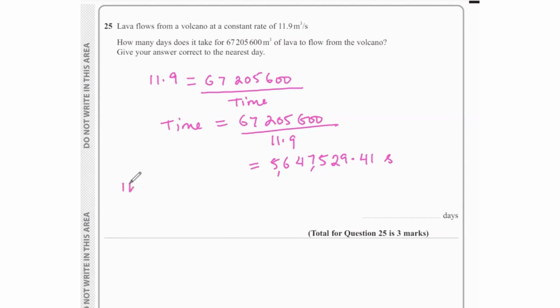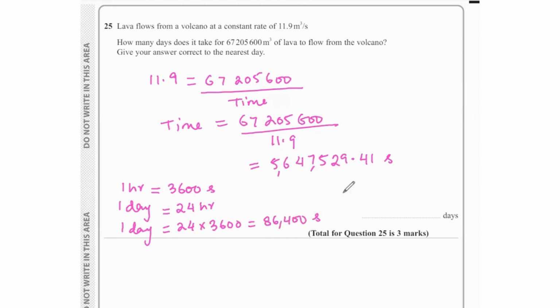We know 1 hour has 3,600 seconds, and 1 day has 24 hours. So in 1 day, we have 24 times 3,600 seconds, which equals 86,400 seconds.